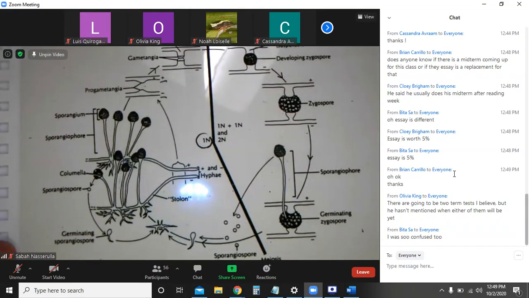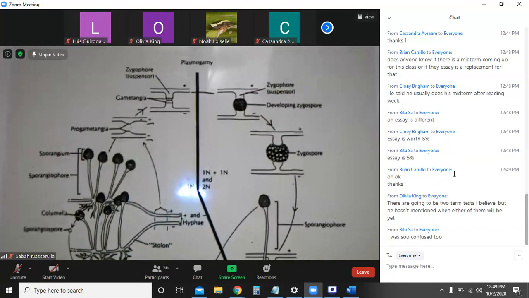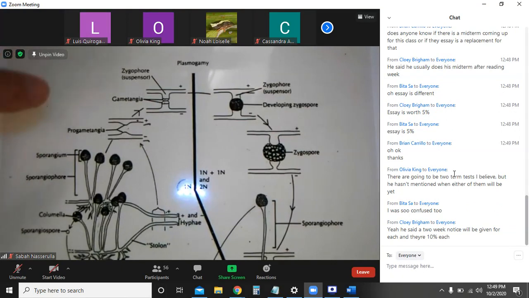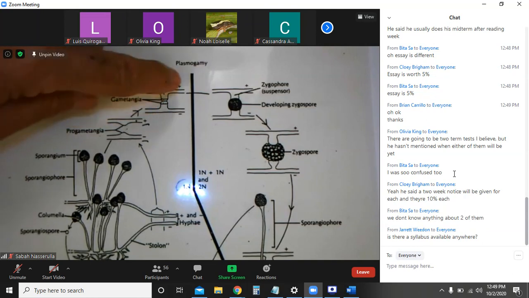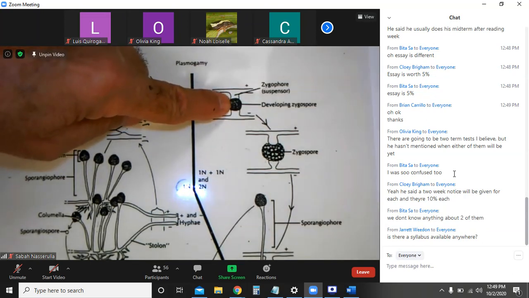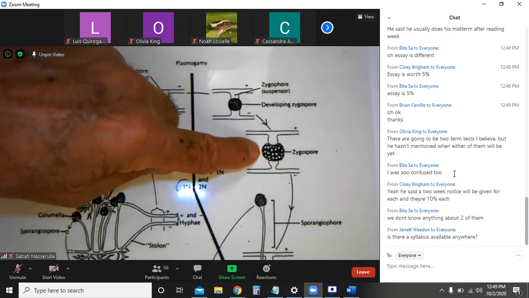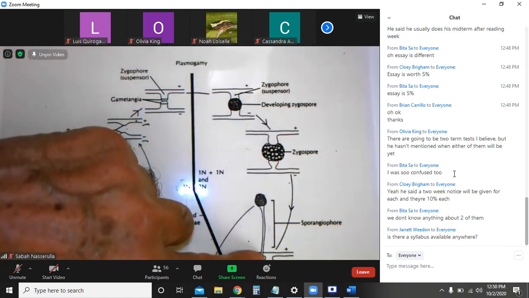So did you follow this? Basically, what happens in sexual reproduction, very simply, is that we have progametangia, they become gametangia, then they unite and develop a zygospore, and then the zygospore undergoes meiosis.